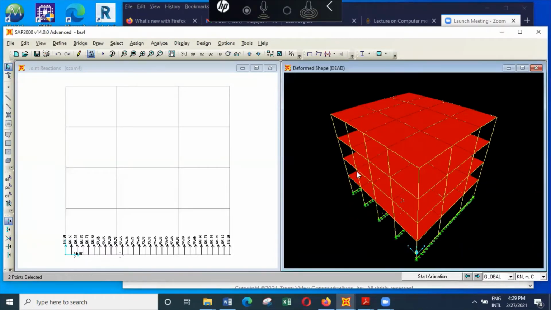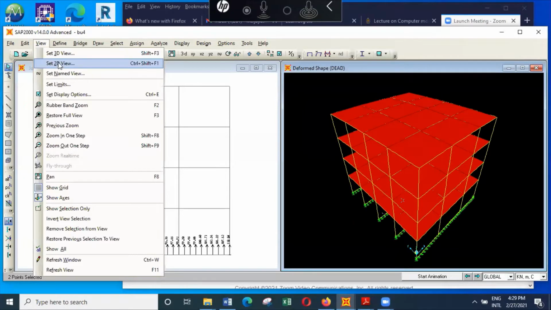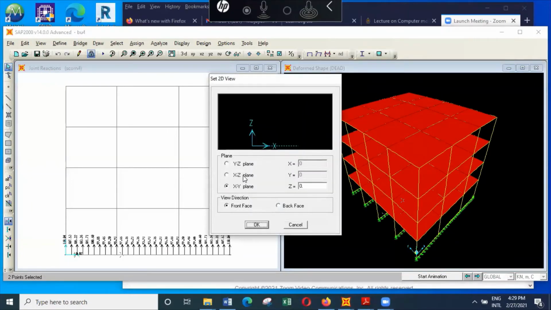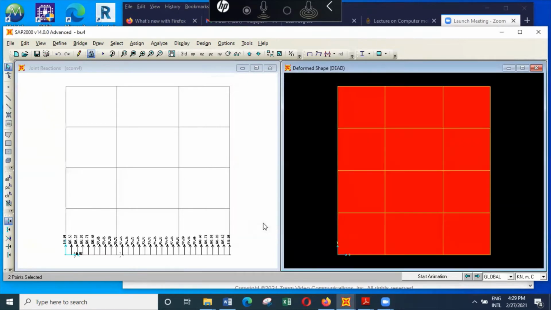So basically, if I take one of the floors, if you look at this particular slab, you can see that the element is connected only at these 4 nodes.